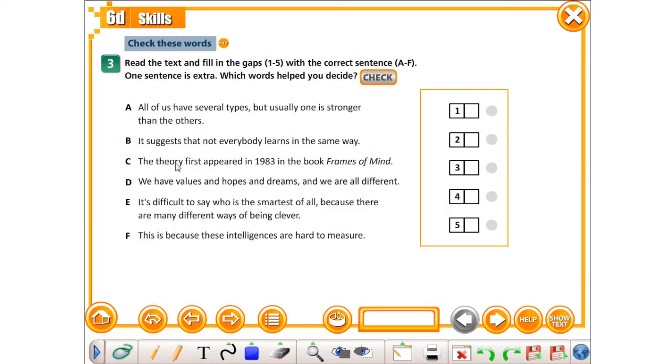C. The theory first appeared in 1983 in the book Frames of Mind. D. We have values and hopes and dreams, and we are all different. E. It is difficult to say who is the smartest of all, because there are many different ways of being clever. F. There is, because they are intelligent and hard to trust. Do the task.